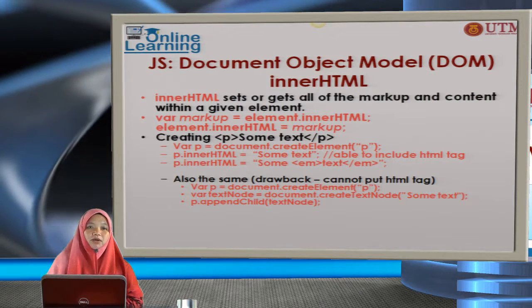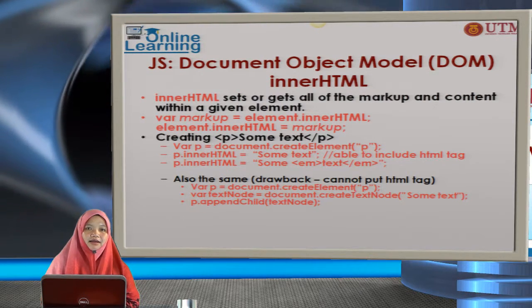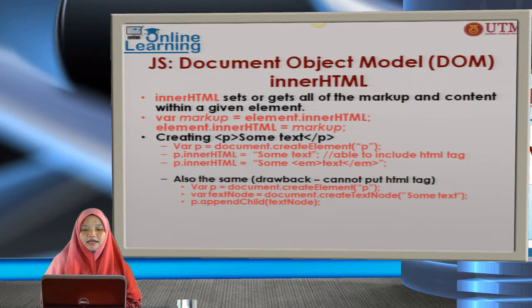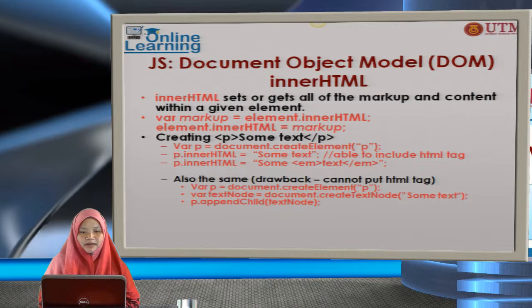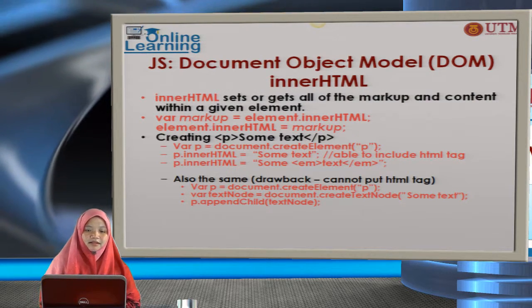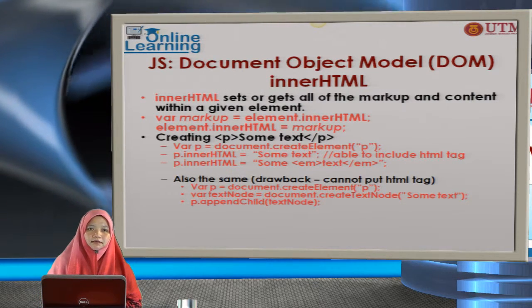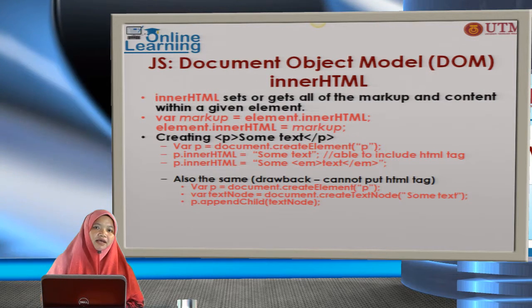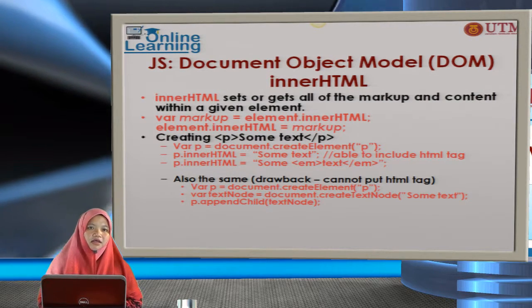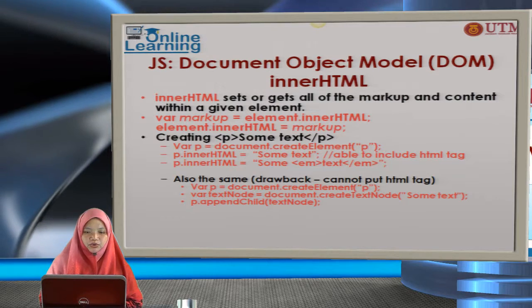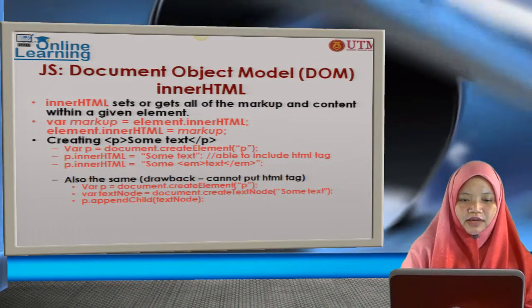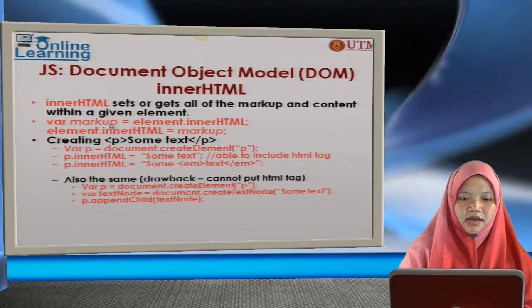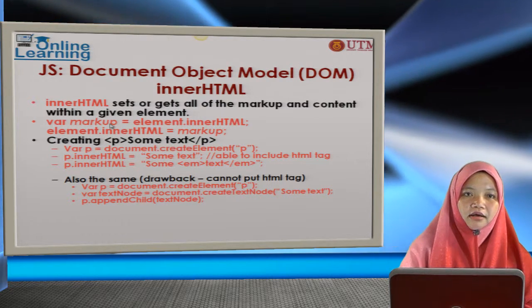All right. So another thing you can do is use innerHTML. What is innerHTML? innerHTML is used if you want to set or get all the markup and content within a given element. So how do you do that? As shown in the slide, you have to assign a variable.